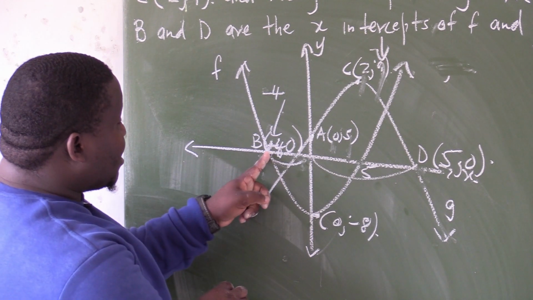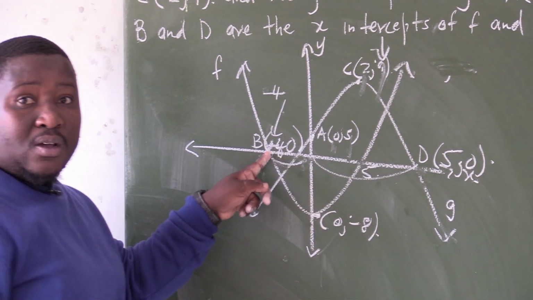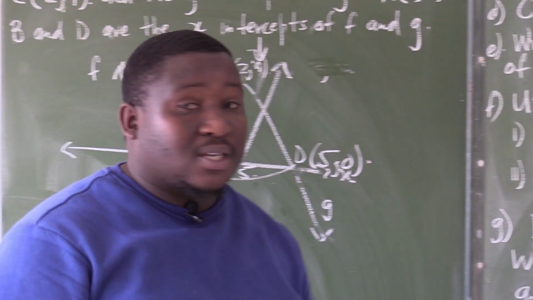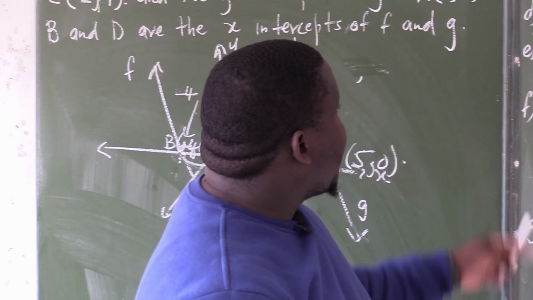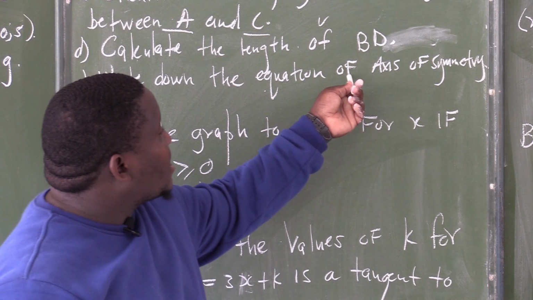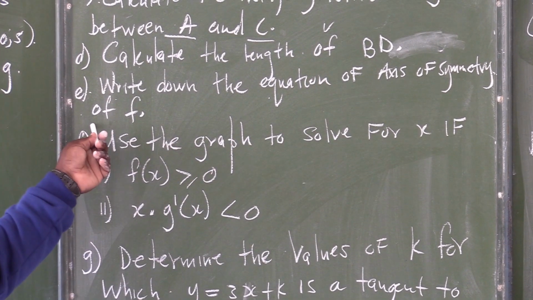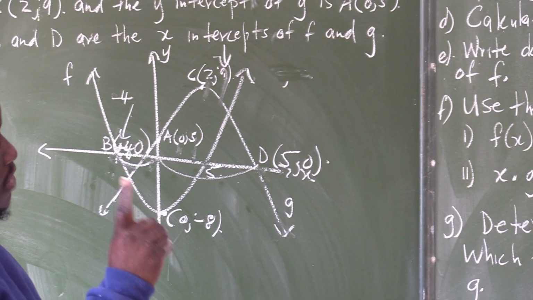So the total distance from B to D will be the sum of 5 and 4. It means you are still going to obtain an answer of 9 units as the length of BD. The next question says, write down the equation of the axis of symmetry of F.